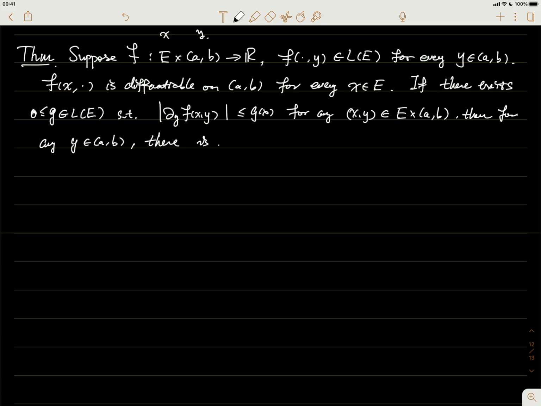The identity is that if we take an integral of f over E, then this becomes a function of y.